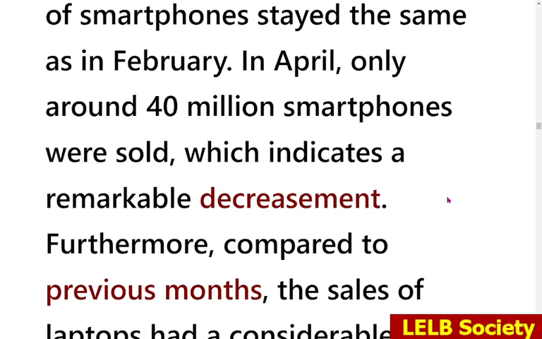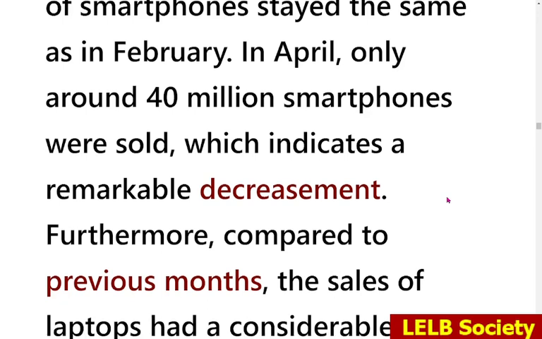We have decrease as both a noun and a verb, so you do have the chance to use decrease as a noun. Therefore, decreasement, I don't believe that this is the correct use of decreasement, and as I said, it's very uncommon.